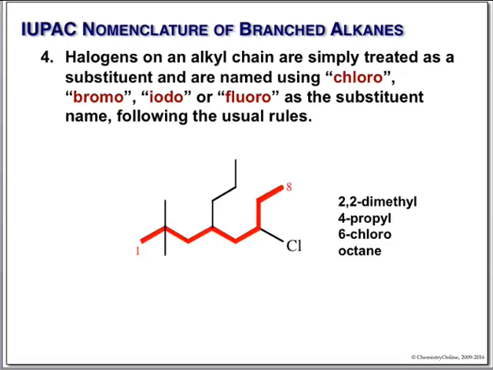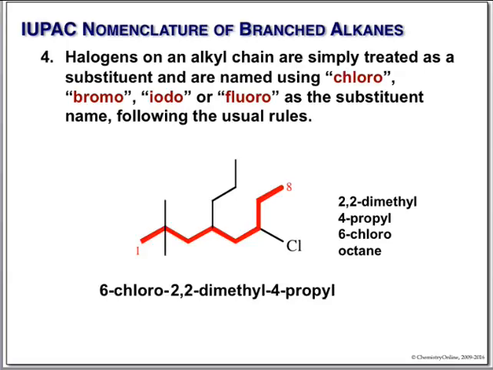Putting it all together, who wins alphabetically? Chloro wins, absolutely. So it has to come first. Then we're going to get our 2,2-dimethyl. And then we can do our 4-propyl.